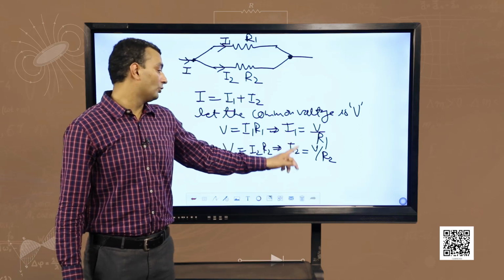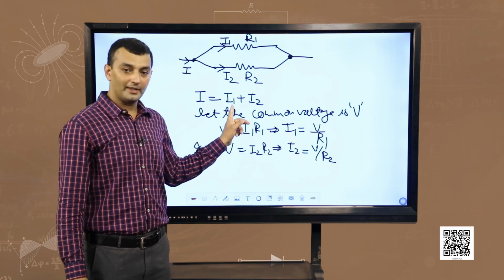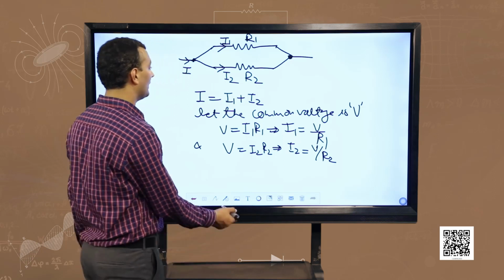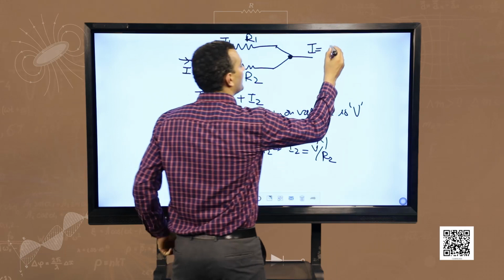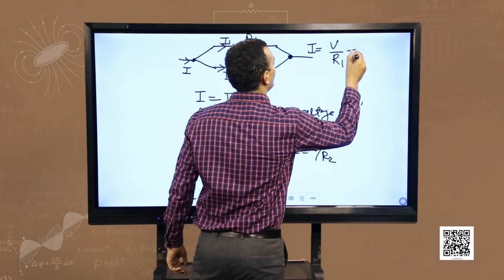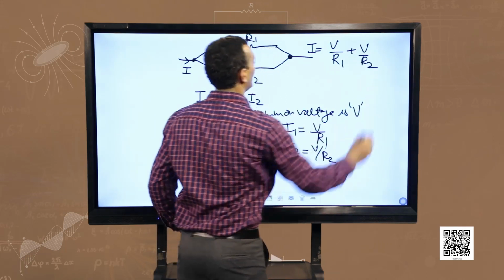If we place the values of I1 and I2 in this expression, we get I equals V by R1 plus V by R2.